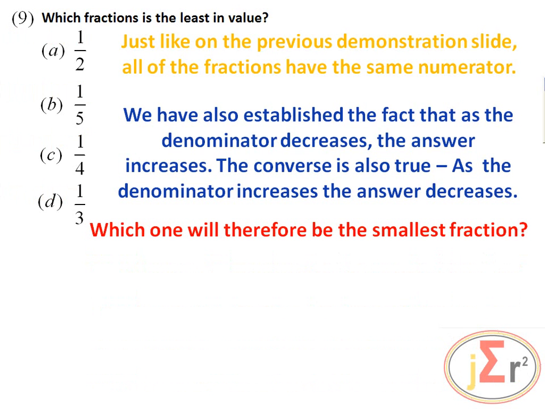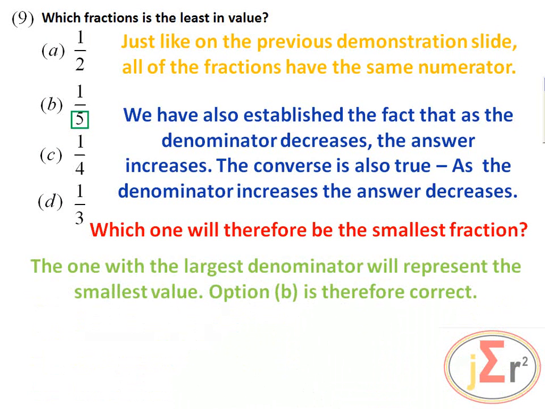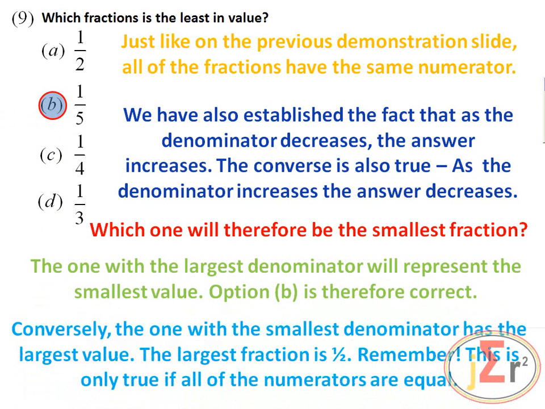Which one will therefore be the smallest fraction? 1/5. The one with the largest denominator will represent the smallest value. Option B is therefore correct. Conversely, the one with the smallest denominator has the largest value.